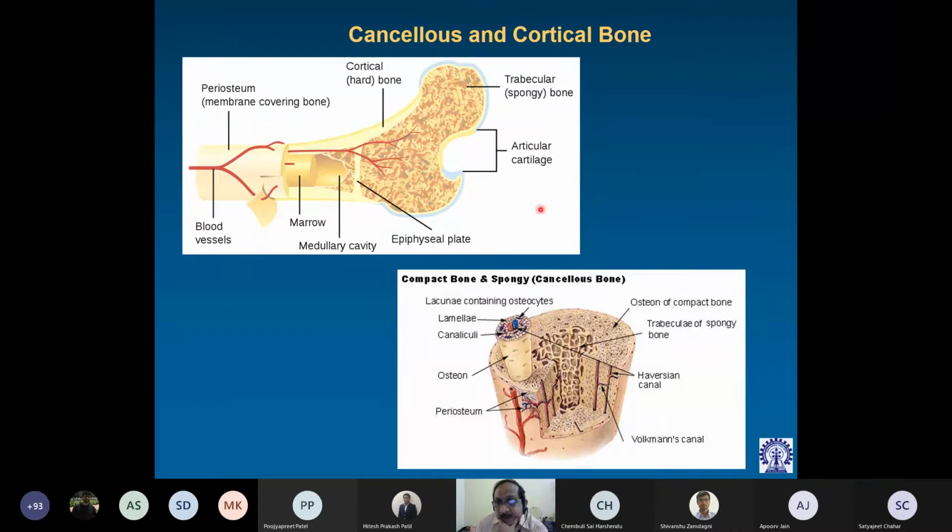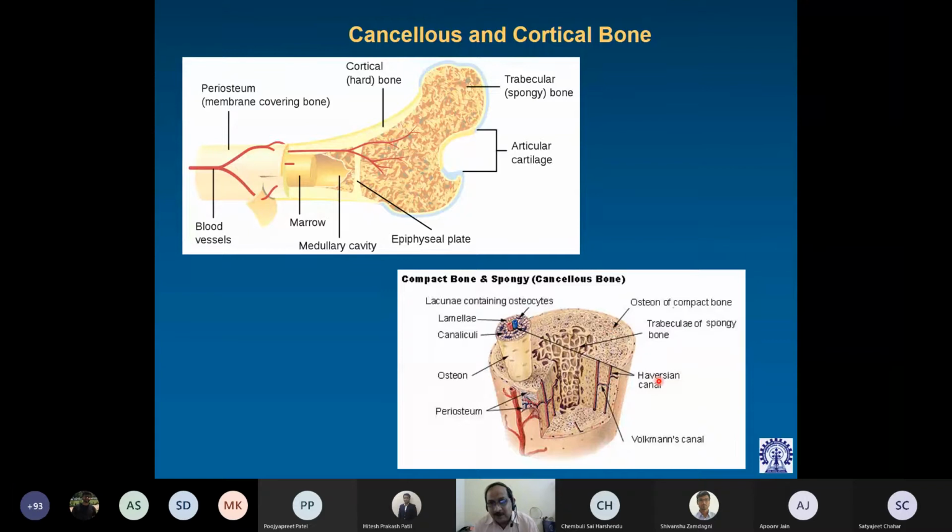Okay. So if you go on magnifying, you will see more inner structure of the cancellous bone, which is basically a network of rods and plates.